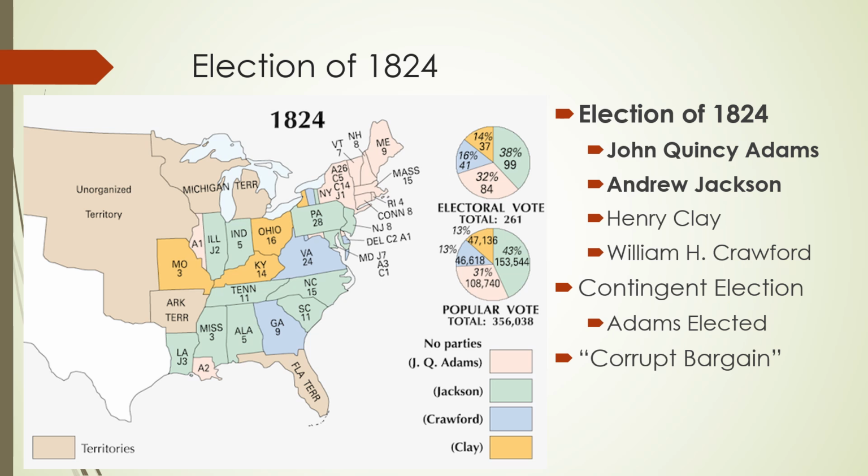If you look at the popular vote, you'll see that Jackson got 43% of the popular vote, which is more than anybody else. Adams got 31, Crawford got 13, and Clay got 13. Now, the popular vote does not really matter. It kind of matters when it comes to the state, but in the national sense, the popular vote doesn't matter.